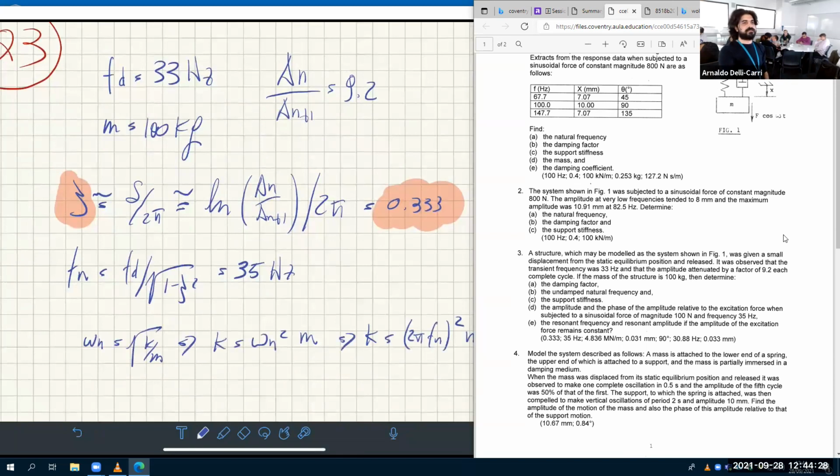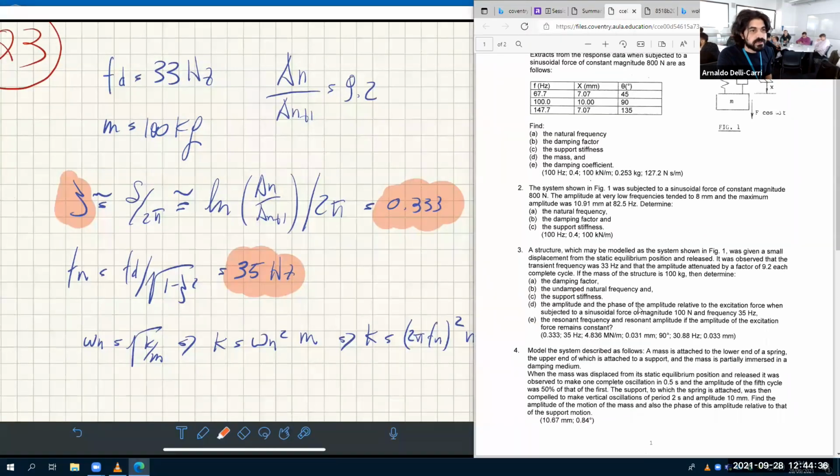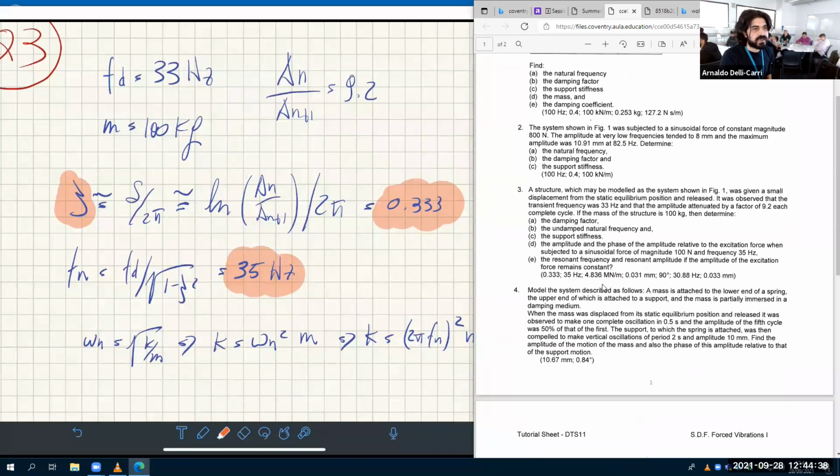Fn we found, the mass is given. There you go. K is equal to 4.836 million newtons, meganewtons per meter.